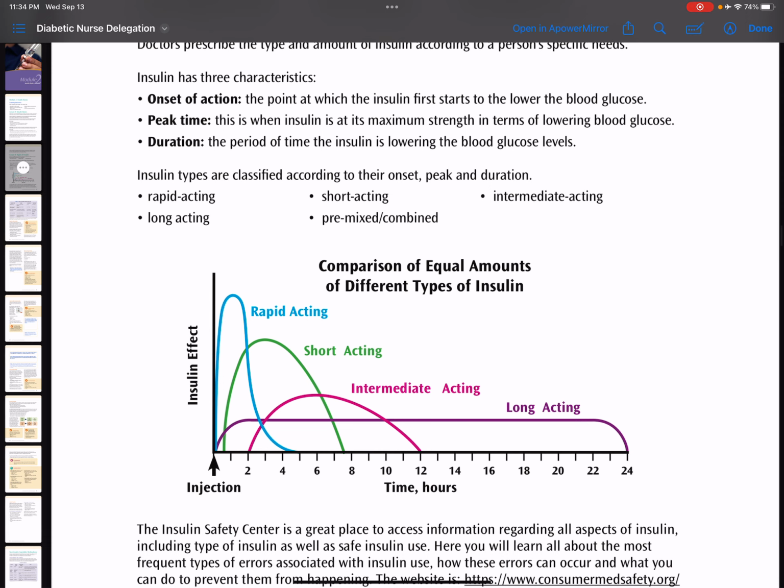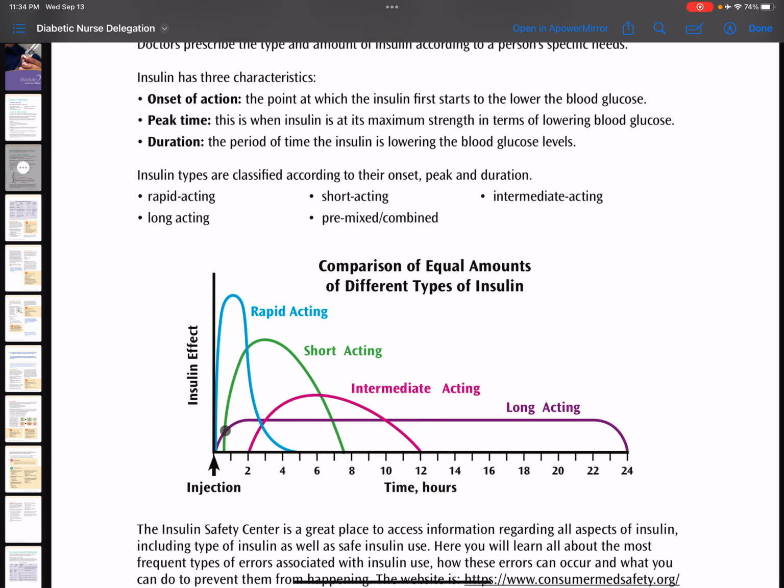And here it's showing us a comparison of equal amounts of different types of insulin. This is the insulin effect, and these are the times shown in a picture.